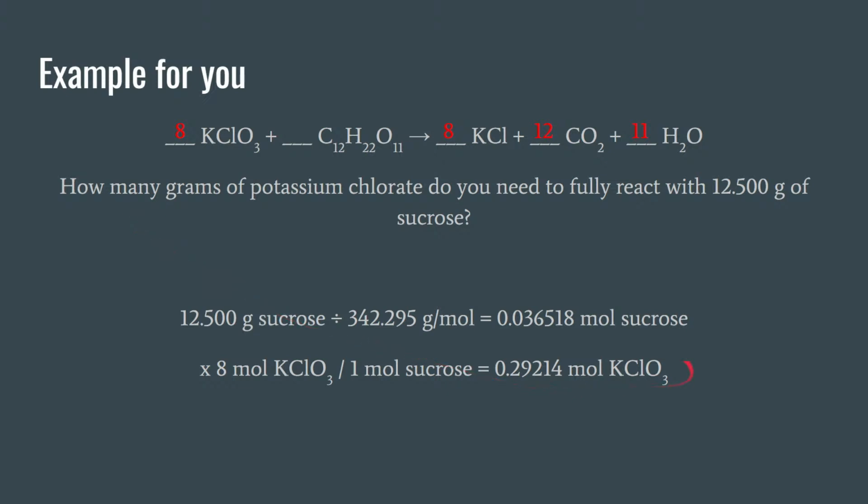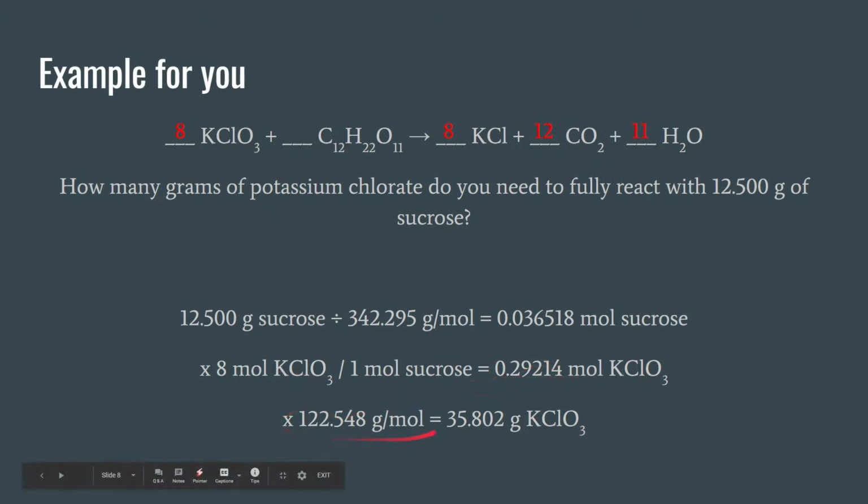And that means that we're going to need 0.29214 moles of potassium chlorate. But I didn't ask for moles, I asked for grams. So we need the molar mass of potassium chlorate. That's 122.548 grams per mole. So 0.29214 moles of potassium chlorate multiplied by the molar mass, 122.548, means that we need 35.802 grams of potassium chlorate.